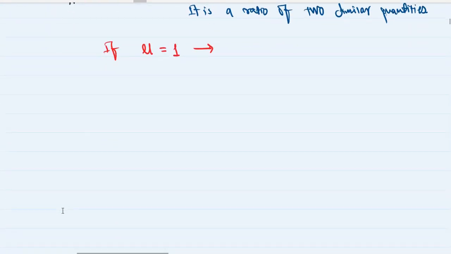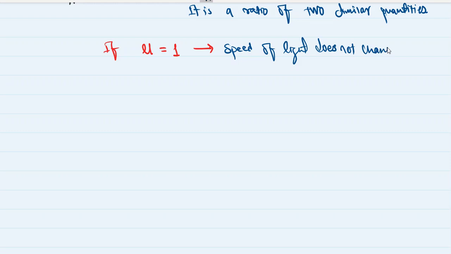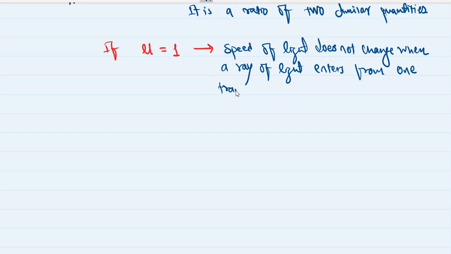So if refractive index is 1, it means that the speed of light does not change when a ray of light enters from one transparent medium to the other.